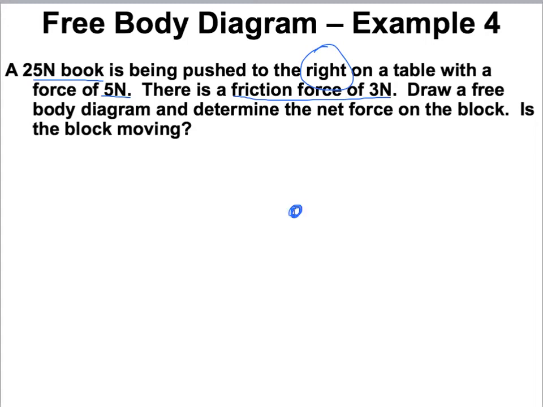Here's our book, and let's review the forces that are given to us. It says that the book has a weight of 25 newtons. That's going to be a downward force of gravity. It says the book is being pushed to the right with a force of 5 newtons.